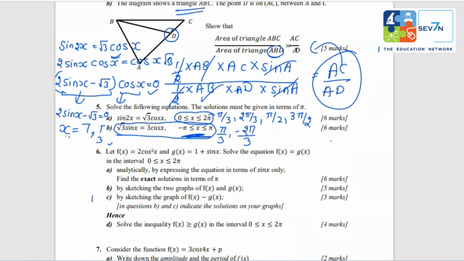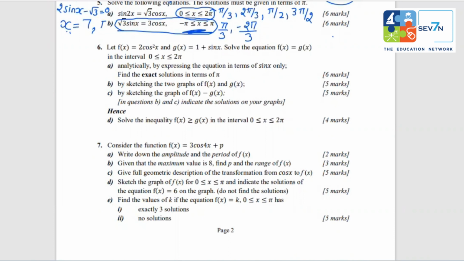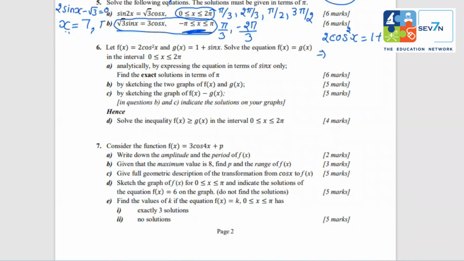Okay, you can go with your sixth question. f(x) is equal to 2 cos square x, g(x) is equal to 1 plus sin x. So 2 cos square x is equal to 1 plus sin x. As you said, 2 cos square x is equal to 1 plus sin x, right? Yes.